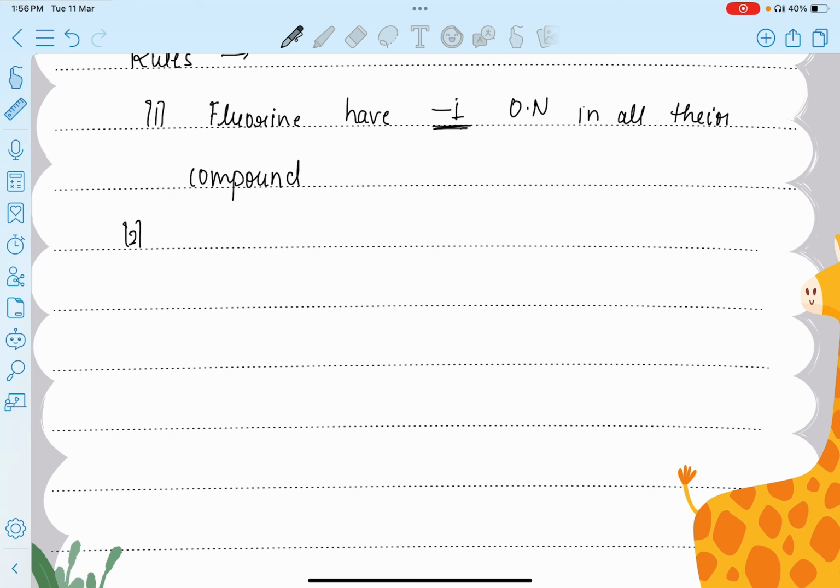Next thing, oxygen atom. Okay. So oxygen atom has multiple oxidation states. The oxidation number of oxygen in oxide is -2. In peroxide, peroxide is like an oxygen-oxygen bond, it is -1.